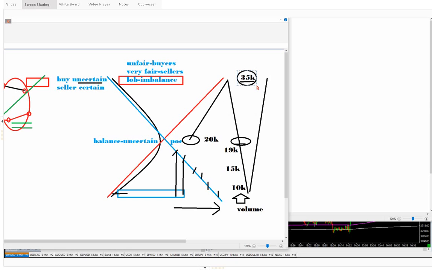Zero. The price drops 20, 19, 15, 14, 12, 11, 10, 9, 8. It's not doing you any damage at all. In fact, it's doing you a lot of good the lower the price goes as a buyer, right?